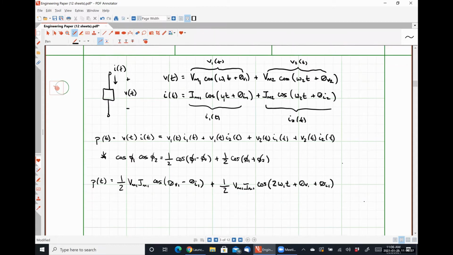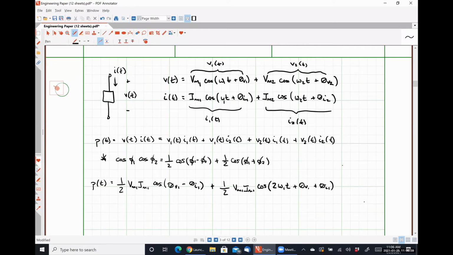We're going to add to this the product of V1 and I2. So that's going to be 1/2 Vm1 Im2 cosine. And so now we have the angle omega 1t plus theta V1 minus omega 2t plus theta I2, which is going to give us a frequency term that is the difference.